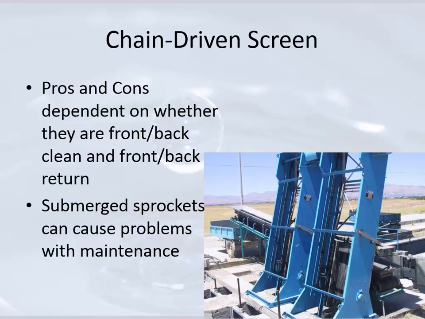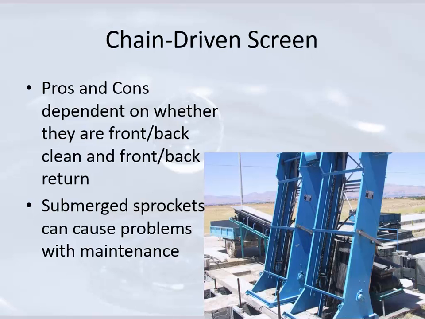So we have the chain-driven screen, and there are really 3 different types of chain-driven screens. They all depend on whether they're scraping the front or the back of the screen, and whether they come back around on the front or the back, depending on which way they're traveling.